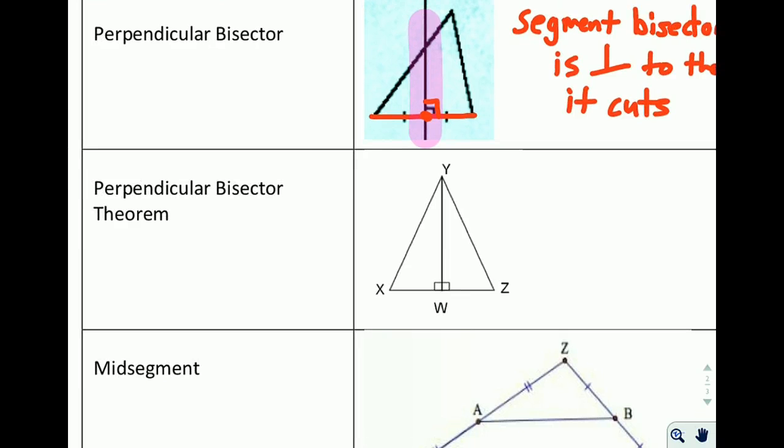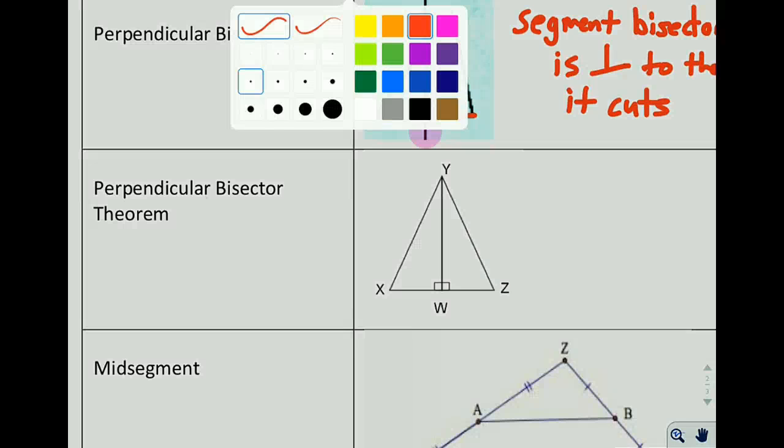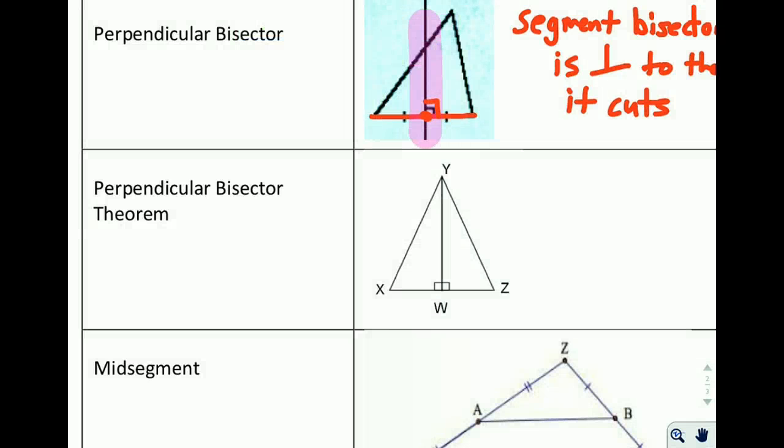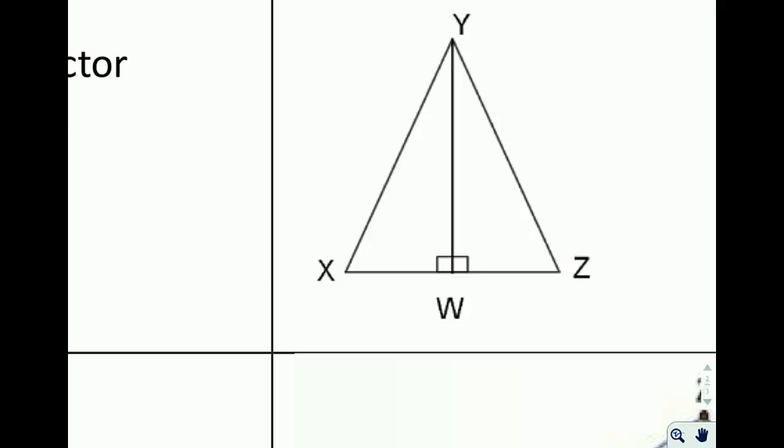Now, the perpendicular bisector theorem is kind of a fancy extension to just any old perpendicular bisector. If you know that this here is being bisected by this guy here, what you know is that it cuts it in half. Now, if it's a perpendicular bisector, you also know that you have these as right angles.